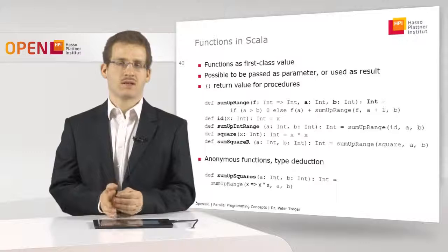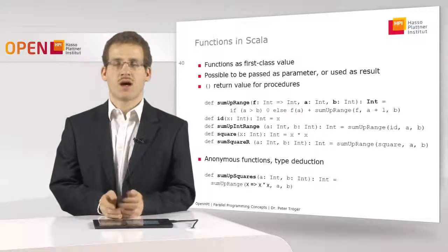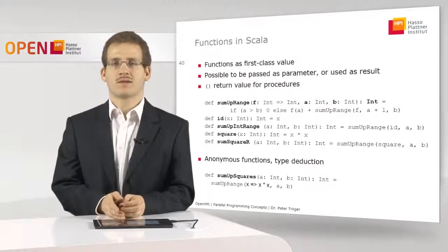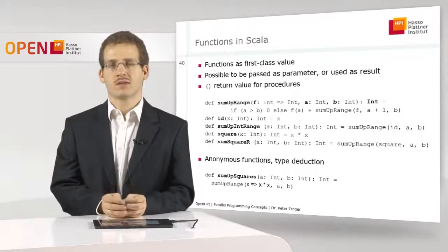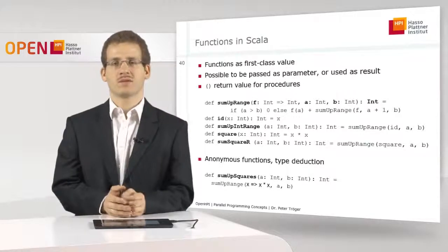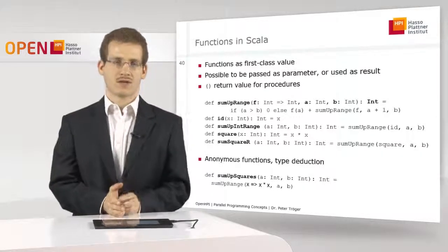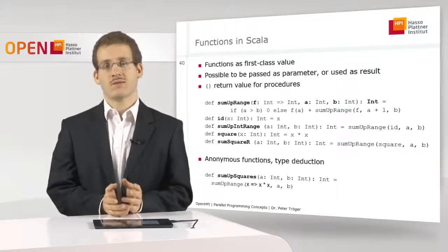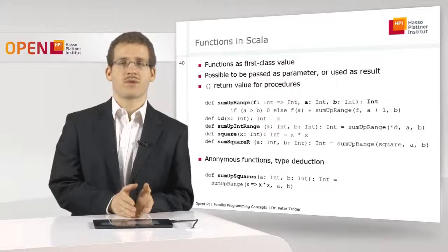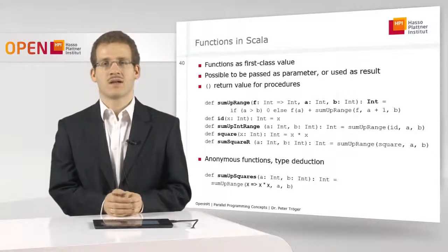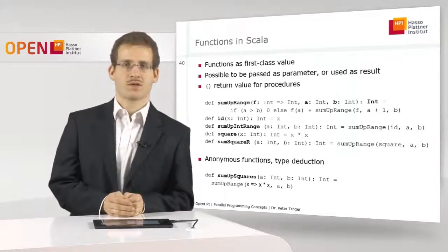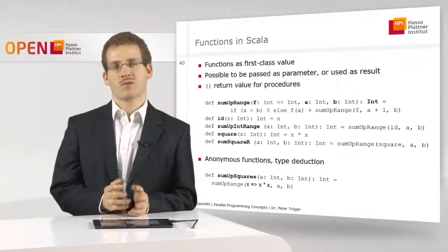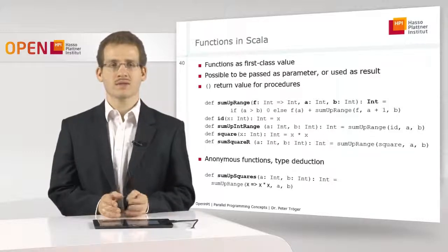When we take this idea, then sumUpRange becomes a higher order function as introduced in the last unit. So we can now write different kinds of mapping functions that translate our input values into something else before the actual higher order functionality takes place. Here we see that we can either sum up the pure values, in which case we would hand in an identity function that just takes an input value and returns the same value, but we can also implement something like the sum of all squares easily.